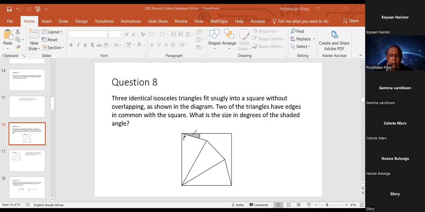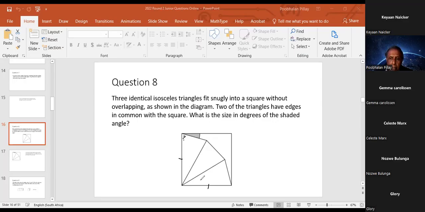All right. So do I know those? Do I know that angle? Well, these are all identical. So it means that this is a square here.